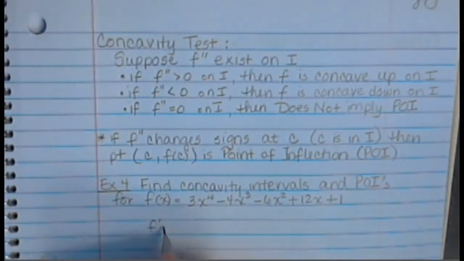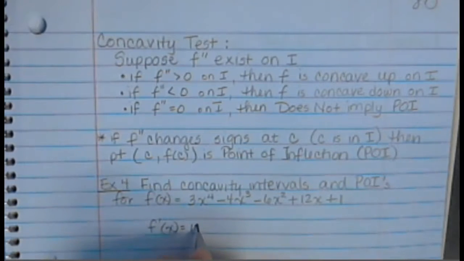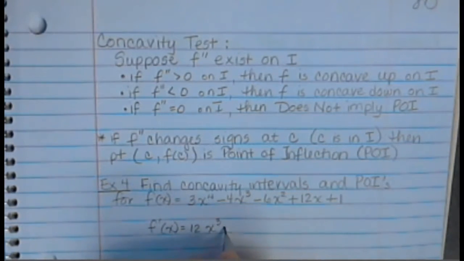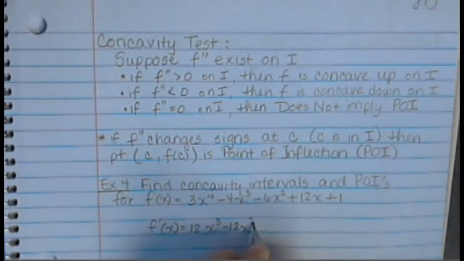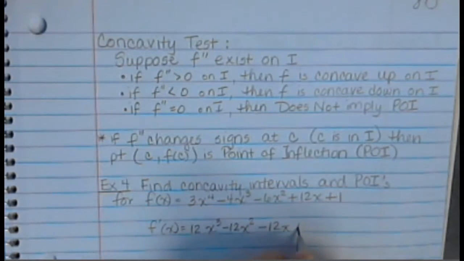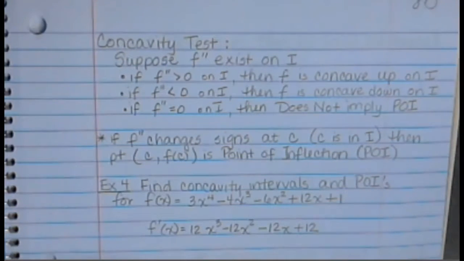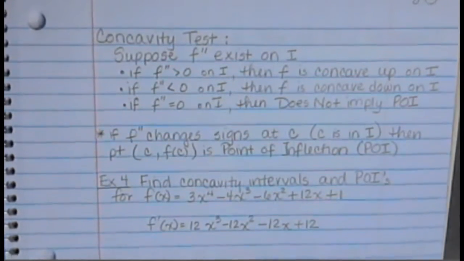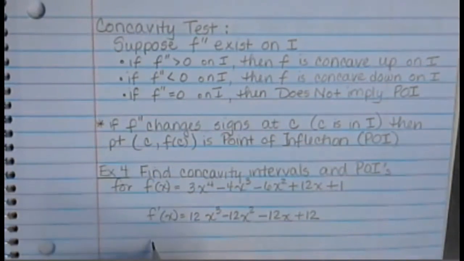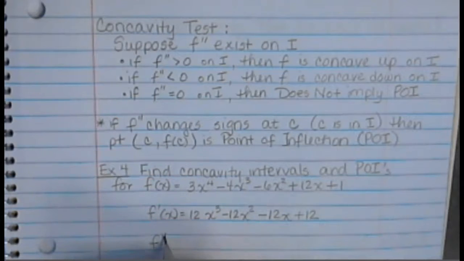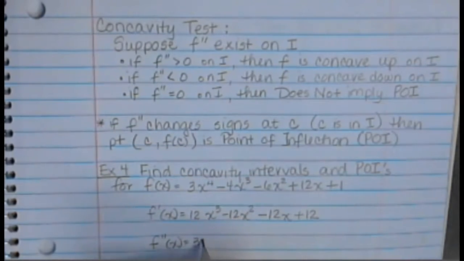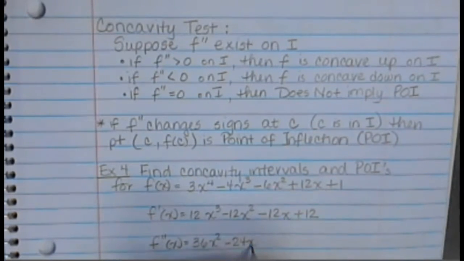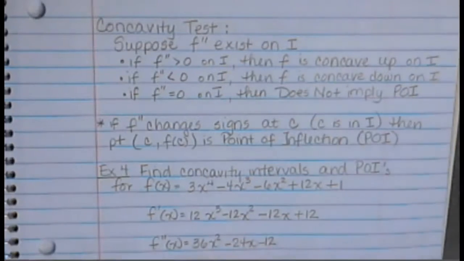So we found that f prime of x was equal to 12x cubed minus 12x squared minus 12x plus 12. In order to find intervals of concavity, we actually need the second derivative. So we need f double prime of x. That's going to give me 36x squared minus 24x minus 12.